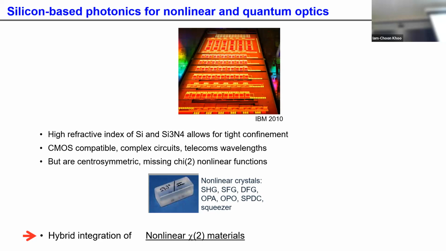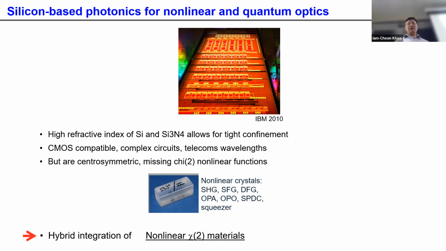So in our group, our goal is to integrate nonlinear material with Chi2 nonlinearity onto the integrated chip. So the hybrid integration includes bulk inversion-asymmetric material on a chip to harvest this Chi2 nonlinearity.